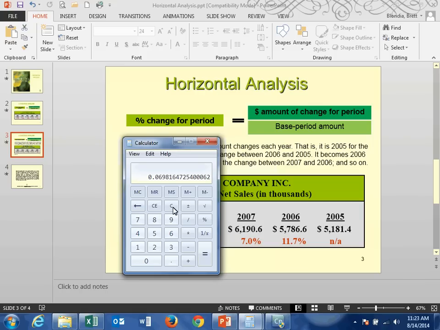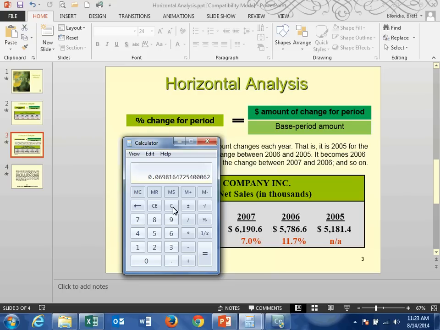So I'm going to take $6,190,000.6 and subtract the $5,786.6 million from 2006, and you'll get a change of $404,000. So sales went up by $404,000 from 2006 to 2007. That's my dollar change.